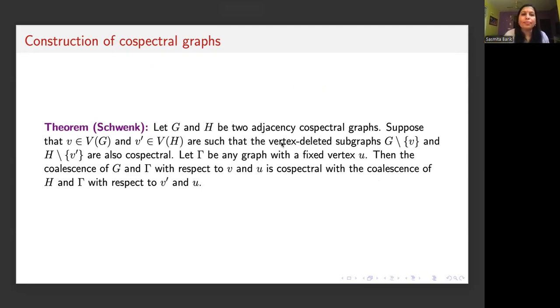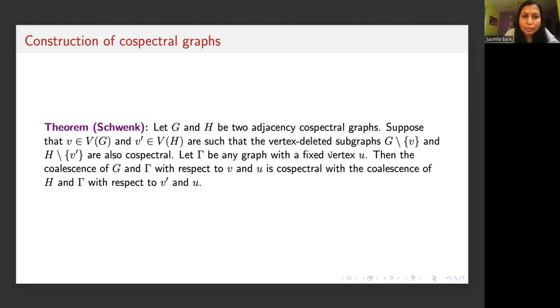Let us start with two adjacency co-spectral graphs G and H, and two vertices, v in G and v' in H, such that if you delete those vertices, the resulting graphs are also co-spectral. Then you can take any arbitrary graph gamma and fix a vertex u.